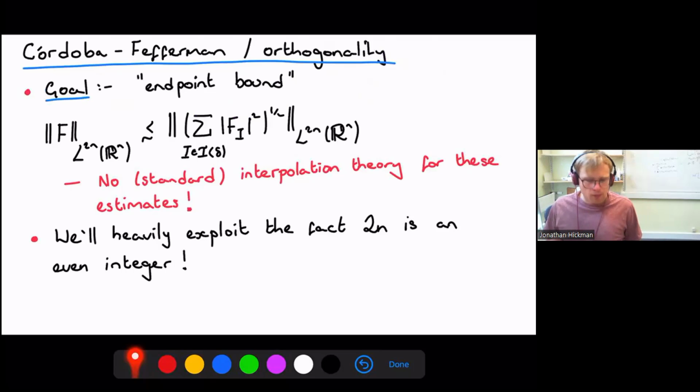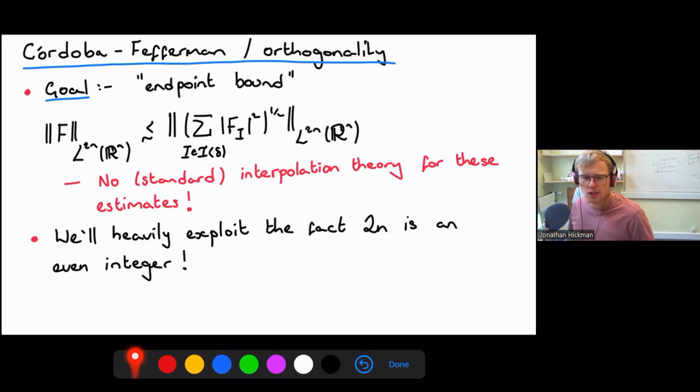These square function estimates are always trivial when p is equal to 2. They just follow as a consequence of Plancherel's theorem. So what we're going to do is shoot for the other extreme when p is equal to 2n. This is the endpoint exponent for these estimates.